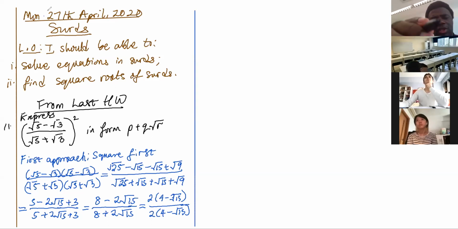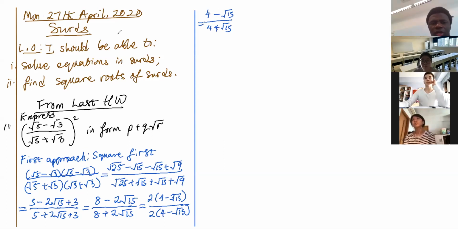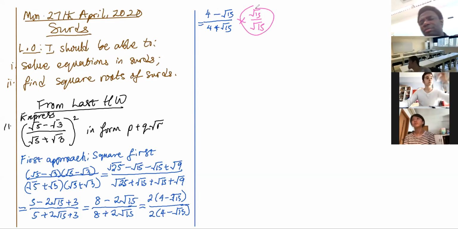Okay, so with that, the question is reduced to 4 minus root 15 divided by 4 plus root 15. As I commented in someone's work, somebody first multiplied by root 15 over root 15. No, you don't do this. You do this when you have a monomial.